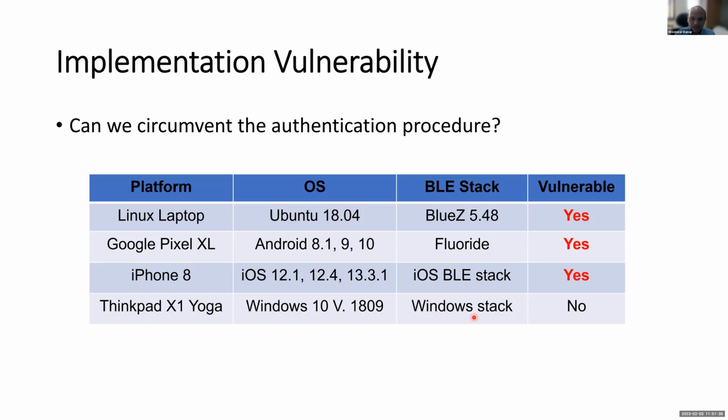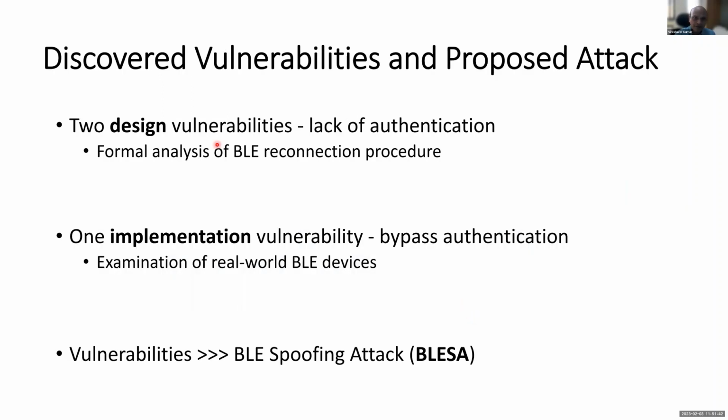So what I would say is that the BLE reconnection procedure, which is standardized, has this combination of secure and insecure options. And if you are not careful while implementing, you can definitely implement something which is wrong.